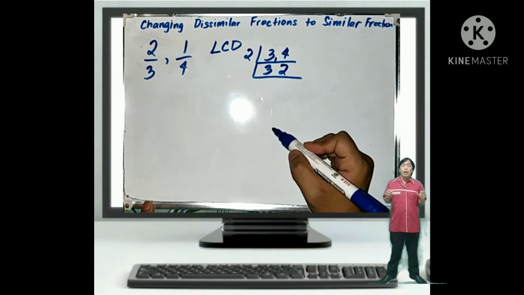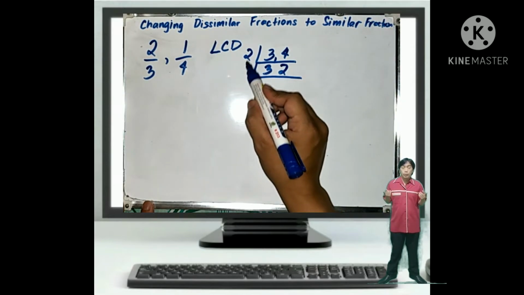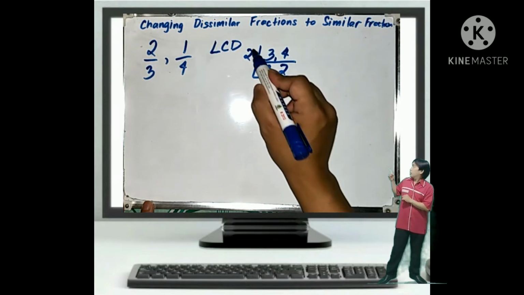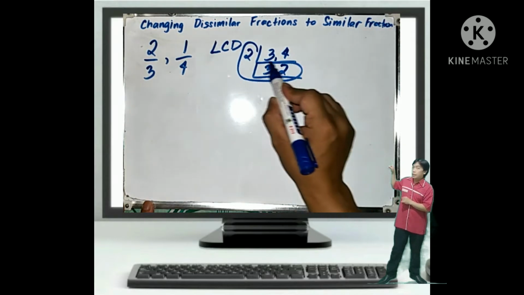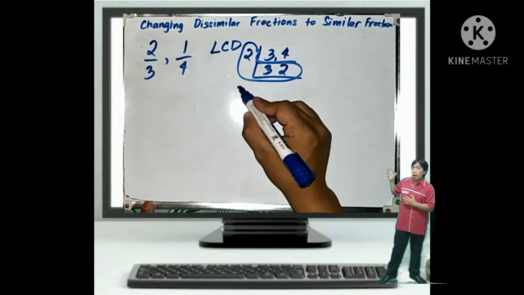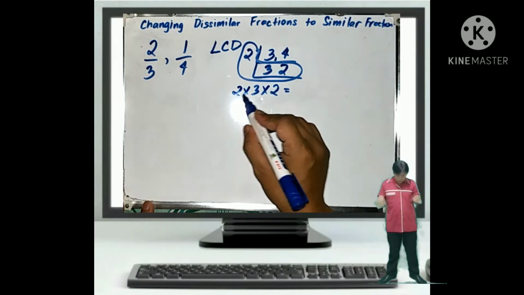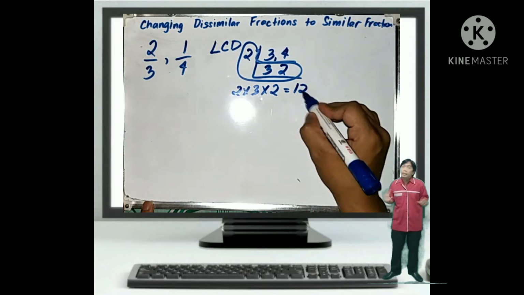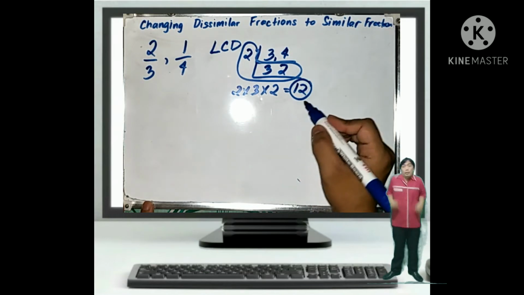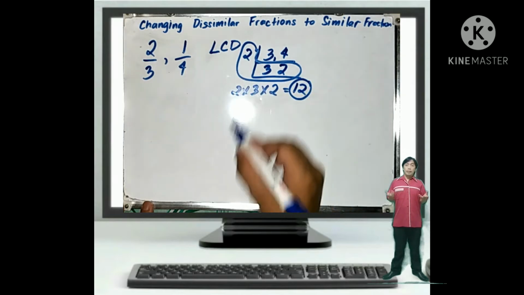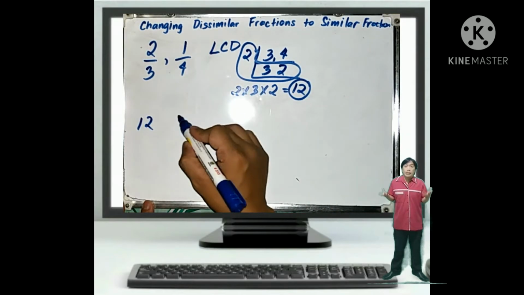Okay, now, since we have noticed that these numbers are already prime numbers, if we multiply 2 times 3 times 2, which is equal to 12. So this is now what we call the LCD. So let us write 12 here.